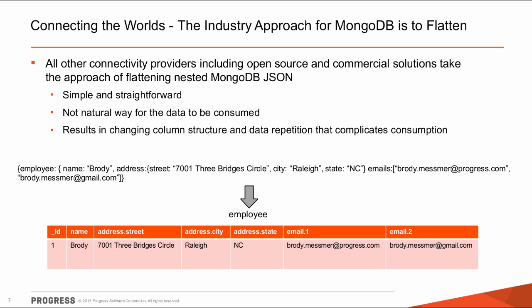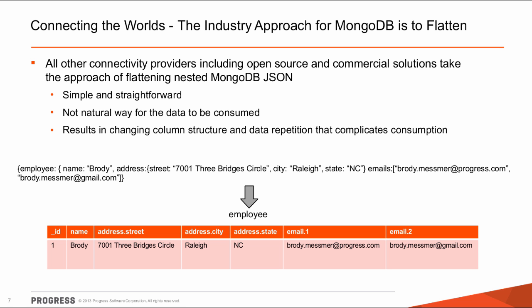So, speaking specifically about MongoDB as a JSON document store, there are existing connectivity providers out in the open source, and some commercial solutions that do provide standards-based connectivity to MongoDB.